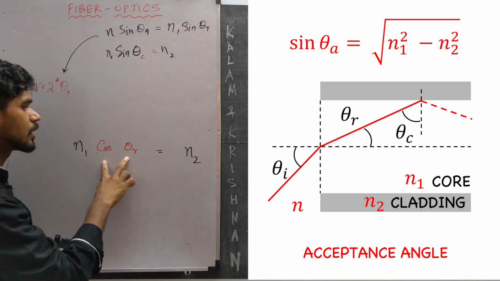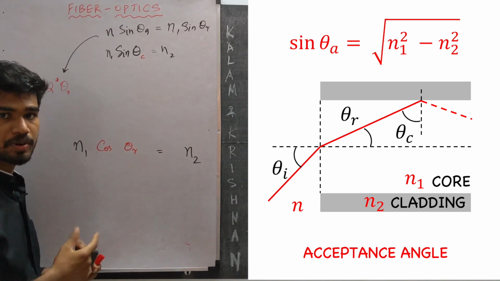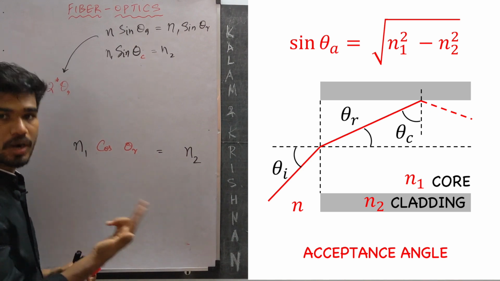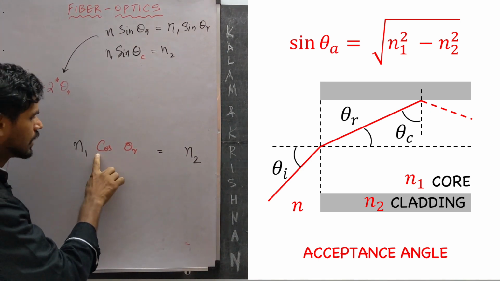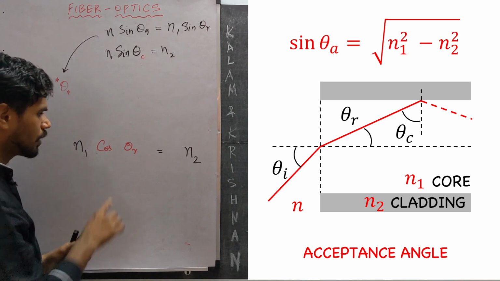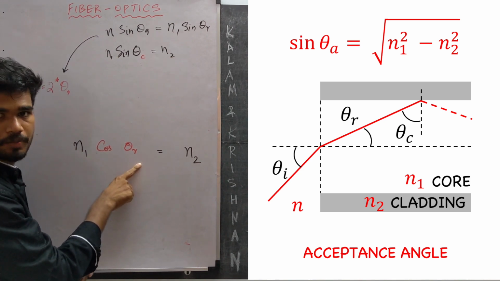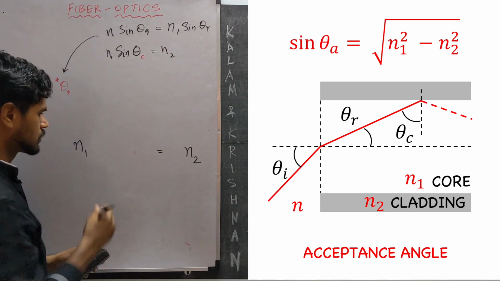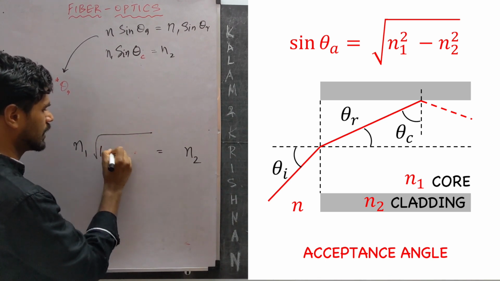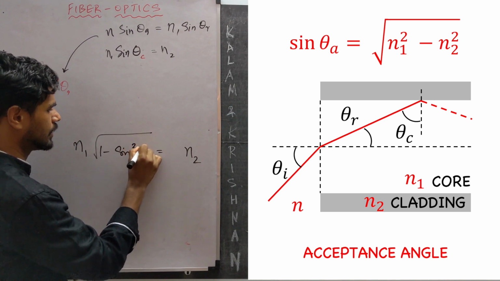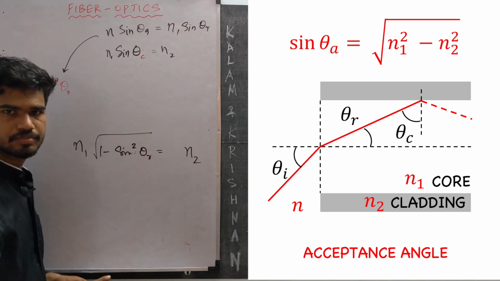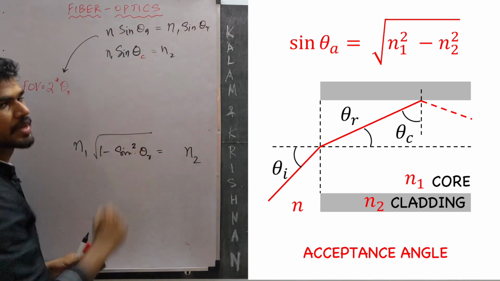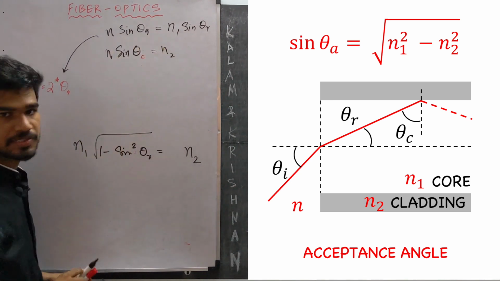Yes, we can convert a cos into a sin theta R using a simple relation, that is cos square theta plus sin square theta is 1. Let's use that relation and rewrite this as 1 minus sin square theta R. Agree? So this is square root of 1 minus sin square theta R. Now let's plug in for theta R from the first equation where theta A is hidden.